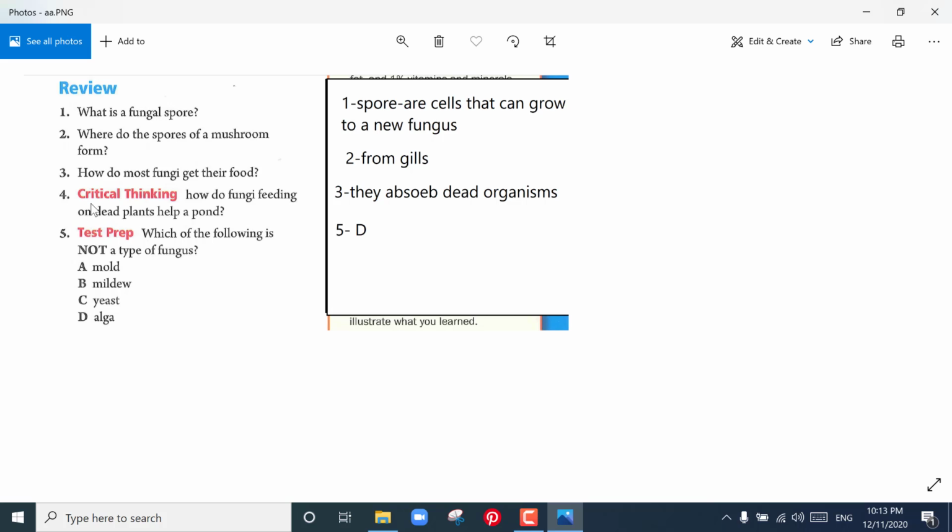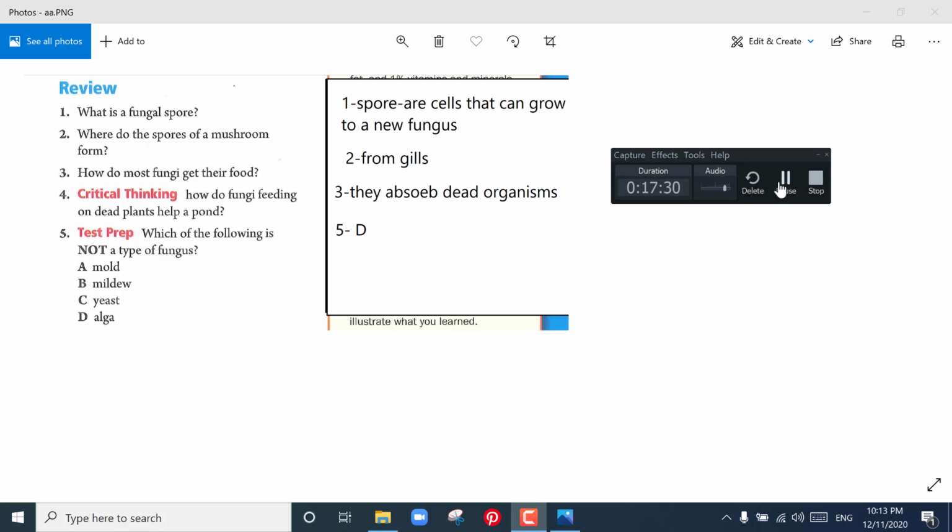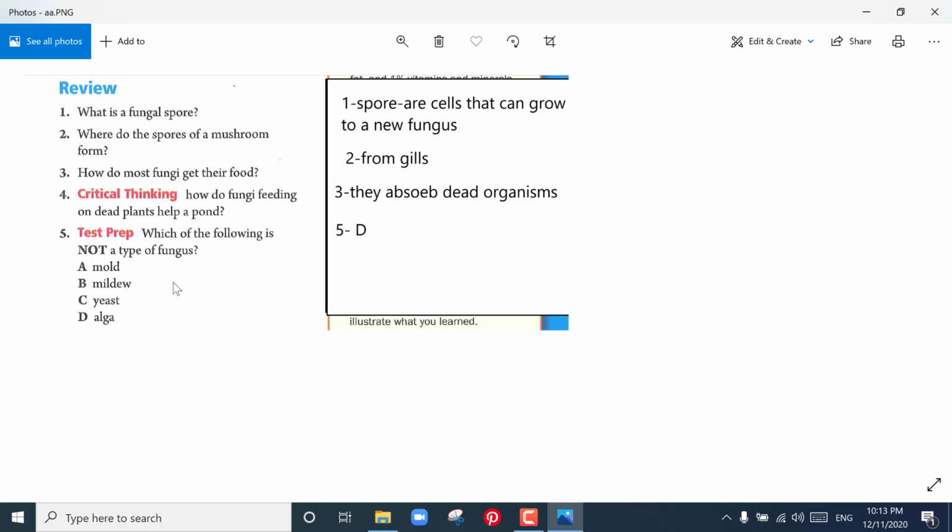So, we have here, this is so important, which of the following is not a type of fungus? We learned about mold. It's a type of fungus.